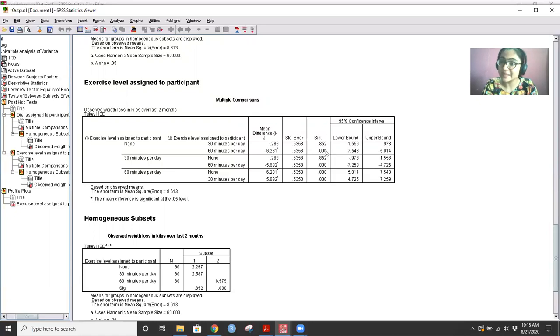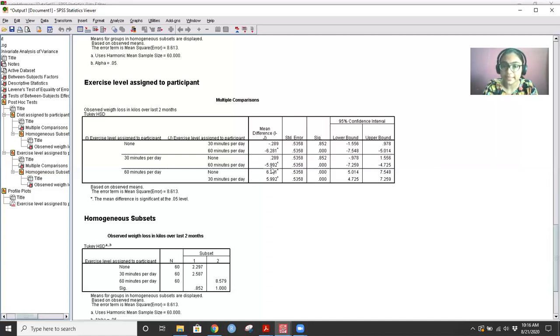And that is statistically significant as the p-value is 0, way lower than alpha of 1% or 5%. Then the mean difference in the weight loss between 30 minutes per day exercise and 60 minutes per day exercise is 5.992 kgs. That's also good.